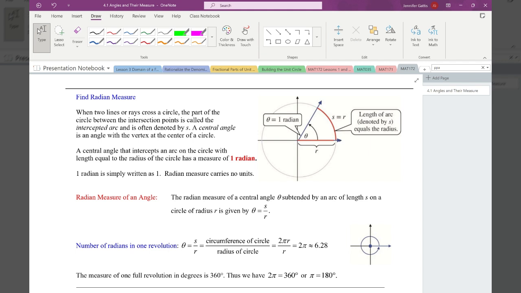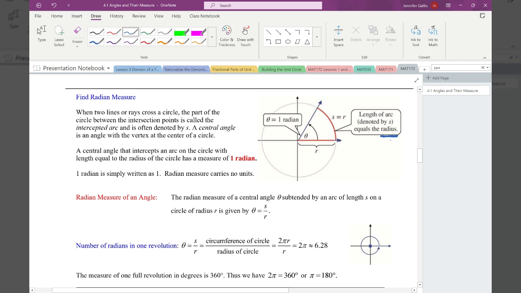Some of you may have heard the term radian before. For some of you, it's going to be a new term. And interestingly enough, the term radian does come from our word radius.